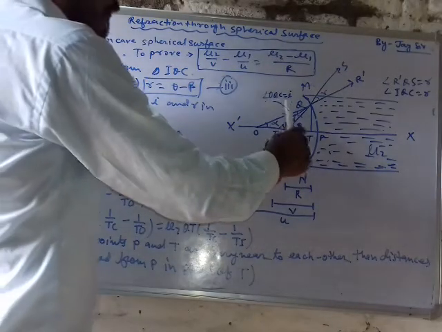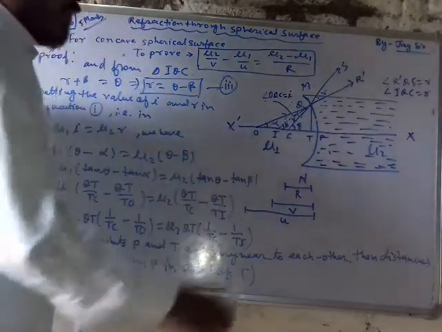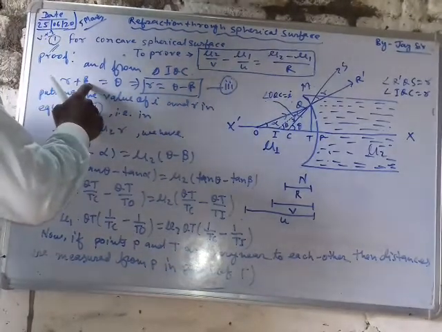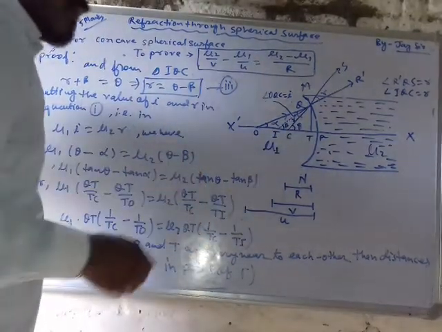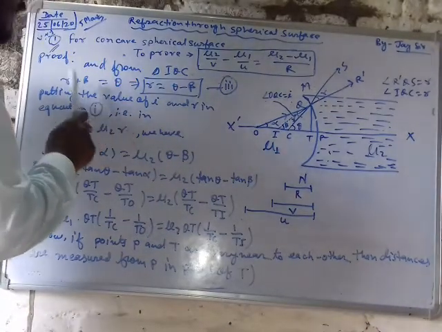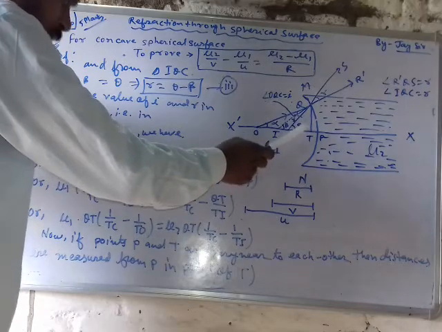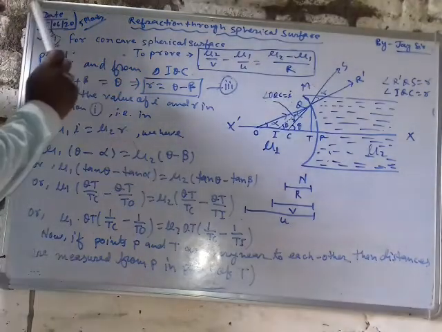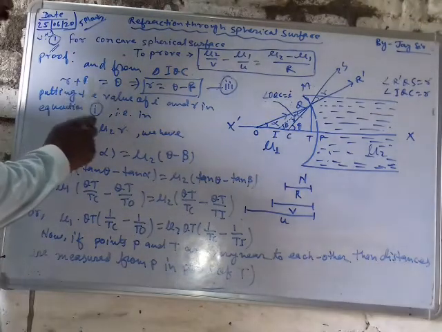So the angle formed between the produced part CP and side QC equals r plus beta, the sum of the two angles of this triangle. So r plus beta equals theta.